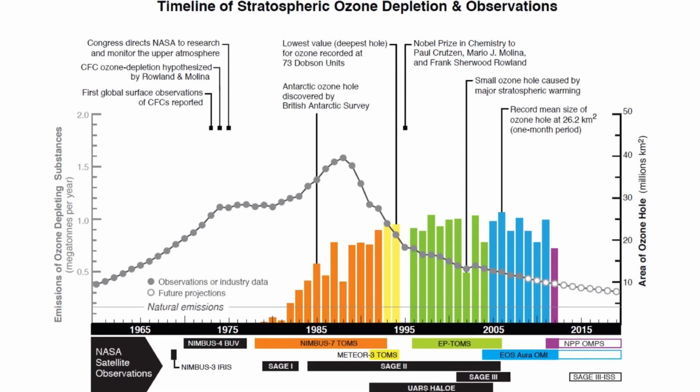So one more thing mentioned in this graph is that this line represents the emission of natural substances that deplete the ozone. So from 1965 to 2050, the concentration of natural ozone depleting substances has not increased and it remains constant.